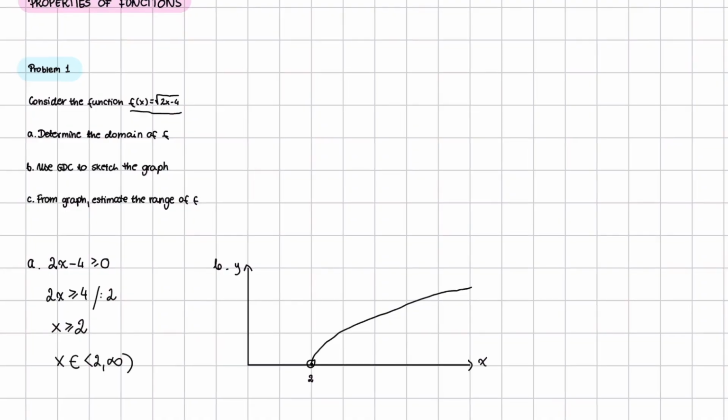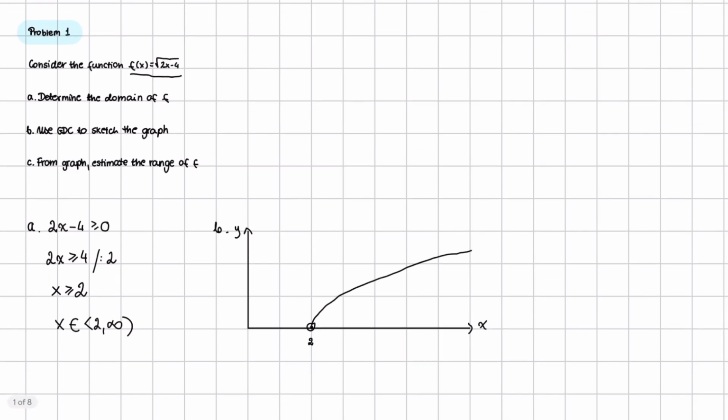C, from the graph estimate the range of f. So now we have to consider what is going on with y. From our graph we can observe that our graph starts from y equals 0, because here we have y equals 0.